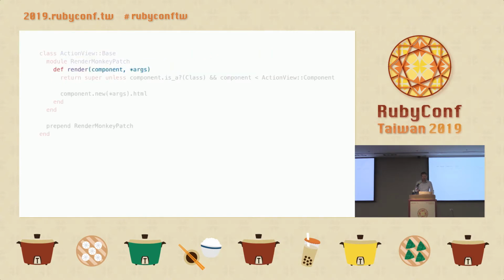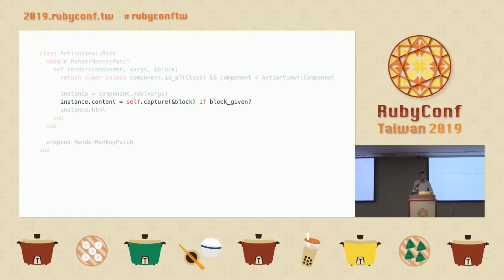So first we'll need to update our monkey patch to accept a block argument. And then we'll need to update our render step to first instantiate the component, and then, if a block has been passed, render it in the context of the current view using ActionView's capture helper, and assign the result to an accessor on the component.